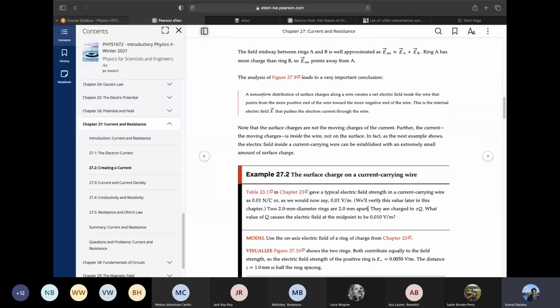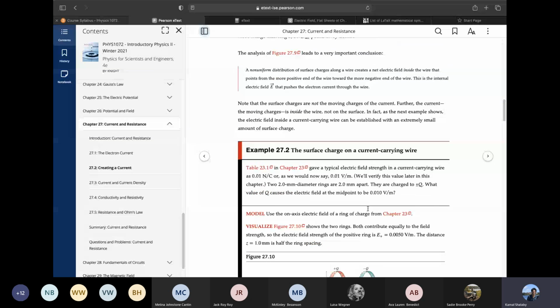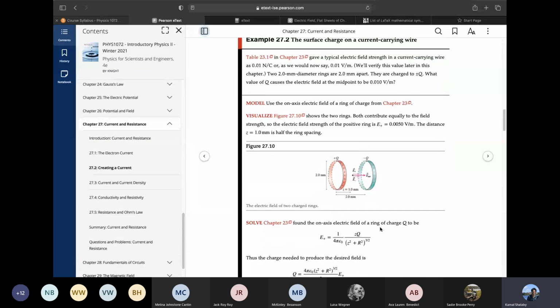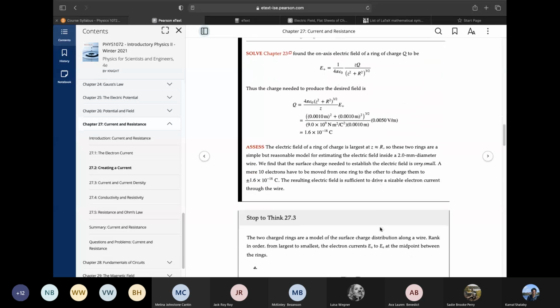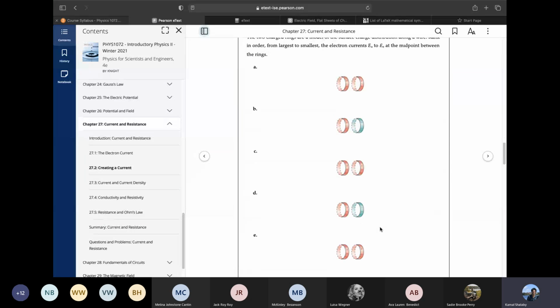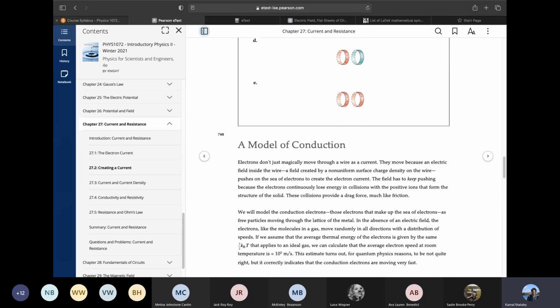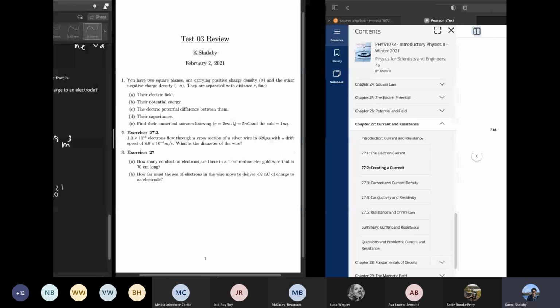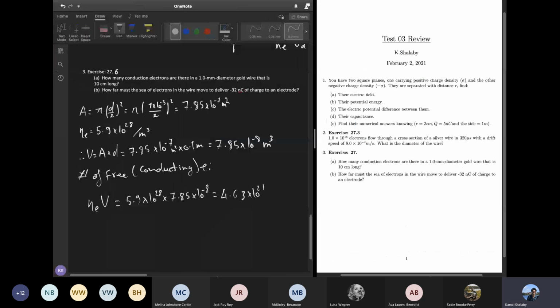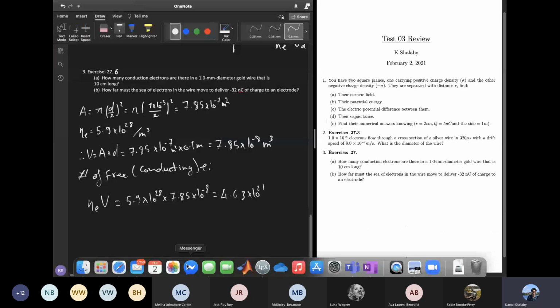No, that's not what we need. Well, we can look at it in a different way.